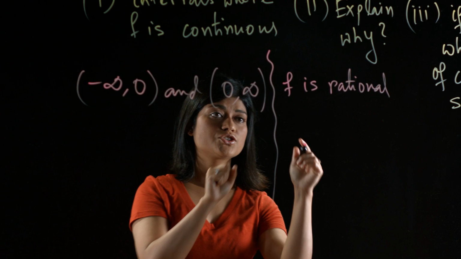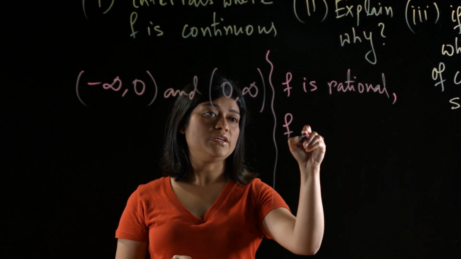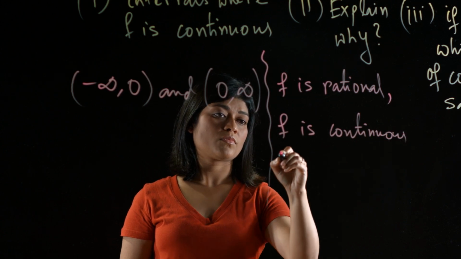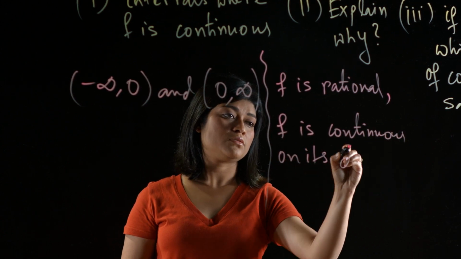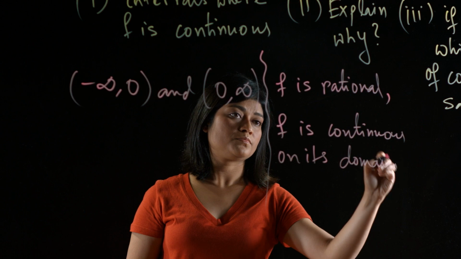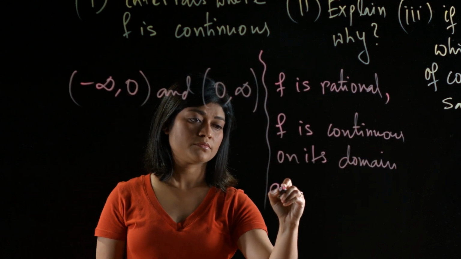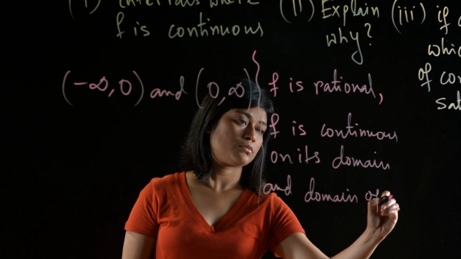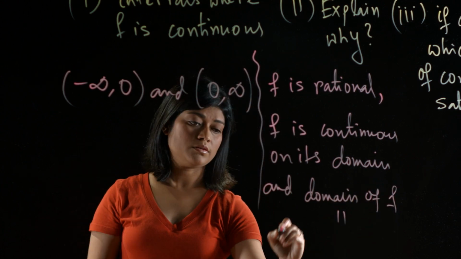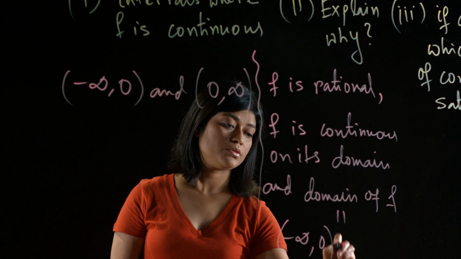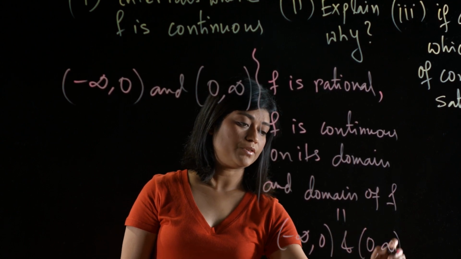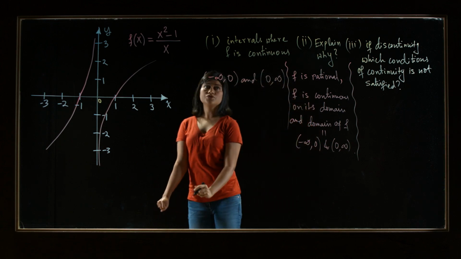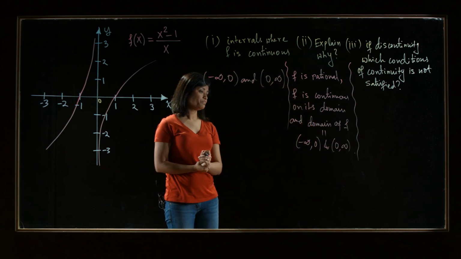So since f is rational, f is continuous on its domain, and the domain of the function is negative infinity to 0 and 0 to infinity. So that's the explanation why the function is continuous inside these intervals.